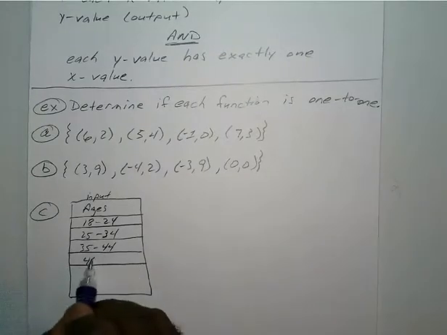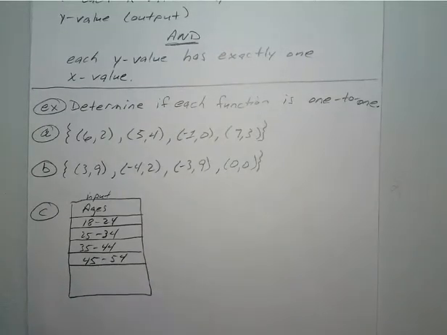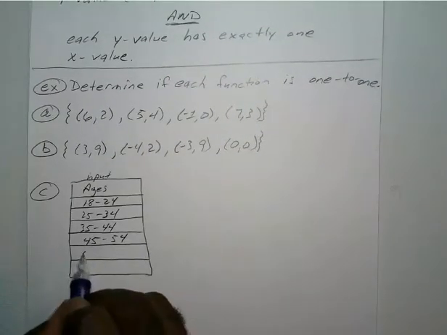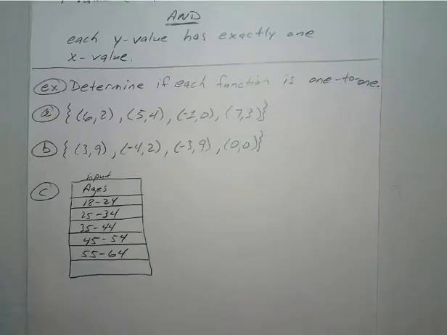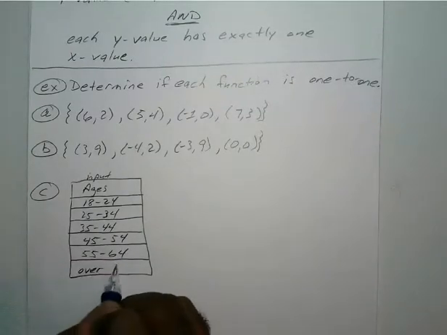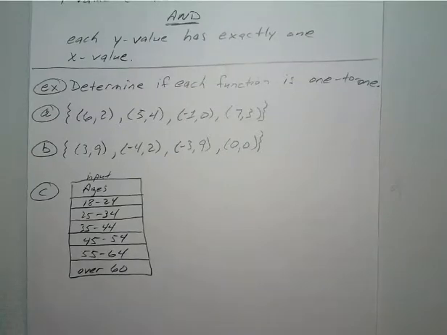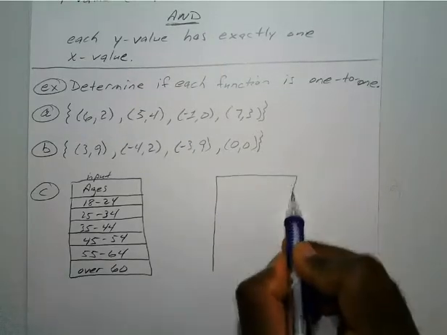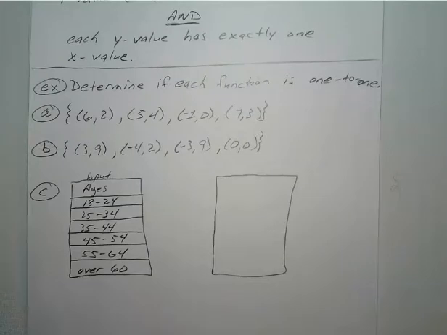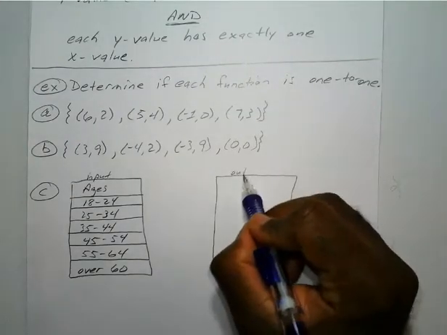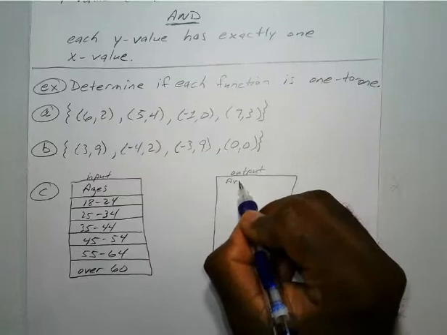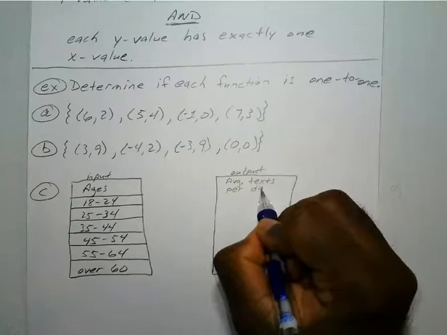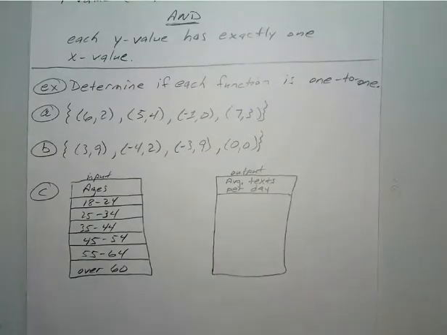Let's say 45 through 54. Say 55 through 64. And let's say over 60. Okay, that's our input. Let's say for our output, this is your average number of text messages per day, for each age group.